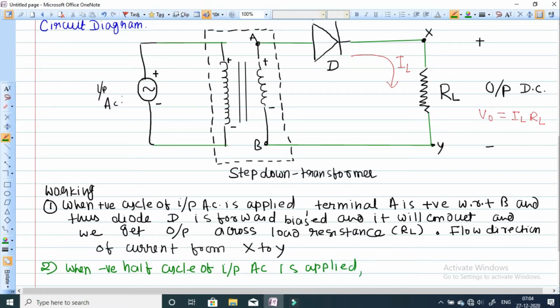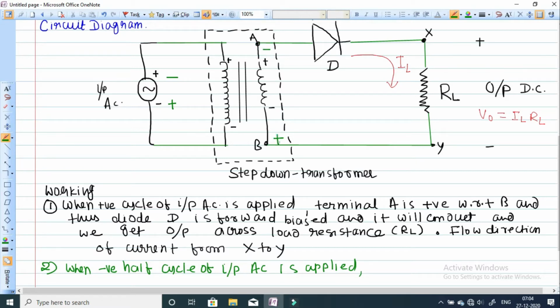The direction will reverse, this side minus, now this is plus. So terminal A will now become negative and terminal B will become positive.